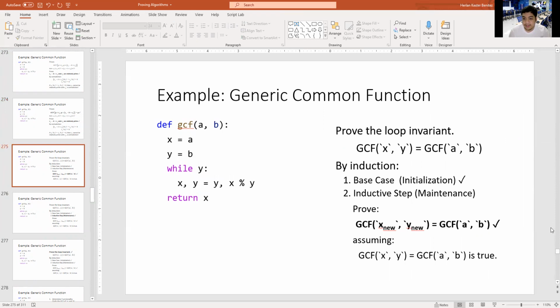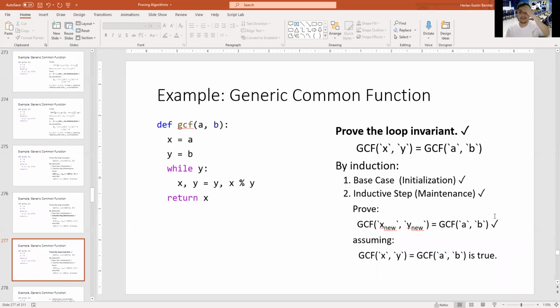So, we have proven that the loop invariant is true in the inductive step. And therefore, by induction, we have proven that the loop invariant is true.